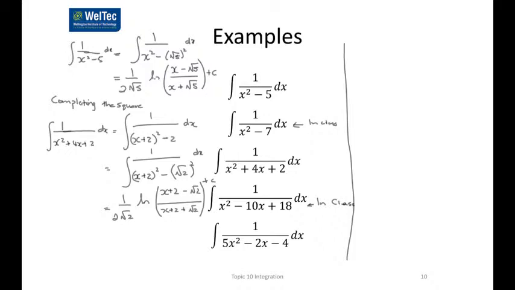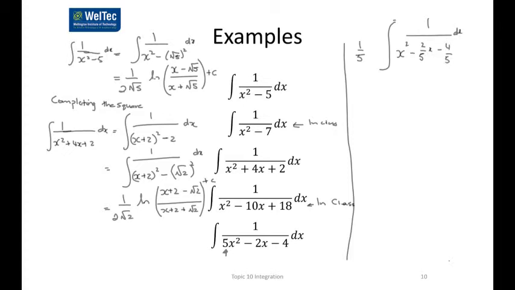If we take out a factor of a fifth to start off with, you can rewrite that as a fifth times 1 over, because we've got to get rid of that 5, so we could rewrite it as now 1 over x squared minus 2 over 5x minus 4 over 5 dx.